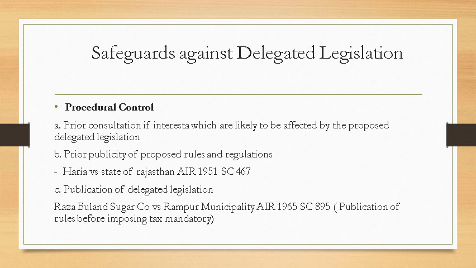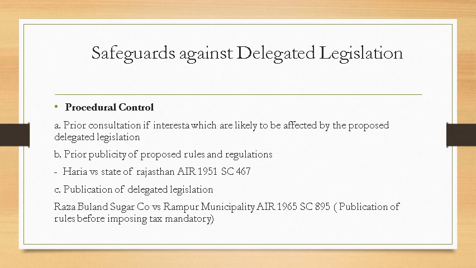Now there are three kinds of controls which are exercised. First is procedural control, second is parliamentary control, and the third is judicial control. Now when it comes to procedural control, we need to understand that the procedure which is being followed when it comes to delegated legislation has to satisfy certain criteria.